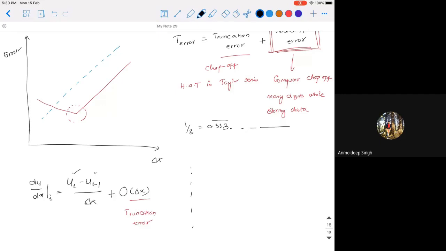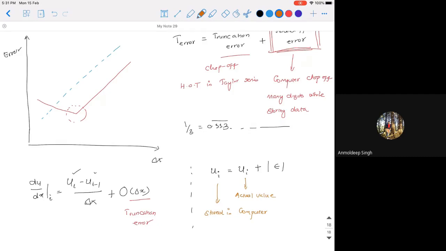So what happens is that ui is ui plus some modulus epsilon, plus or minus, let's say plus, the sign doesn't matter. So this is the actual value, and this is what is stored in the computer, right? So instead of 0.333 to indefinite value, it will store only 8 digits of the actual number.